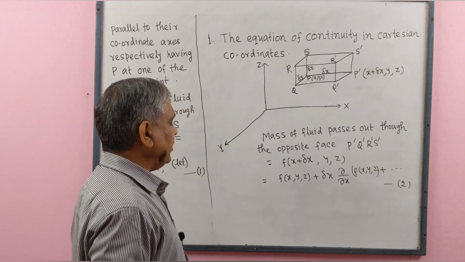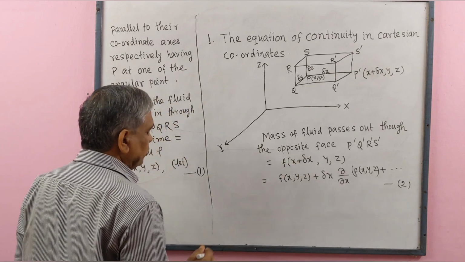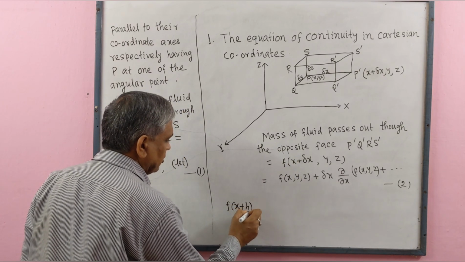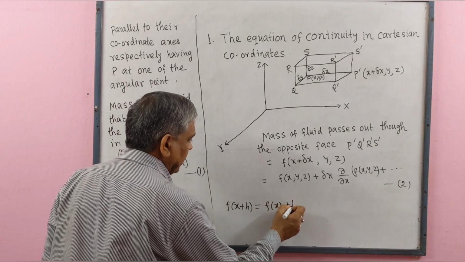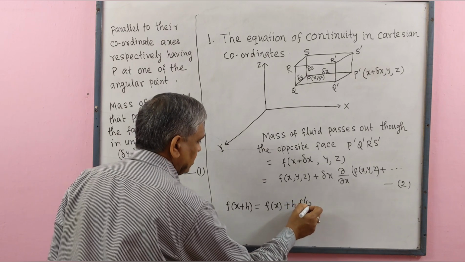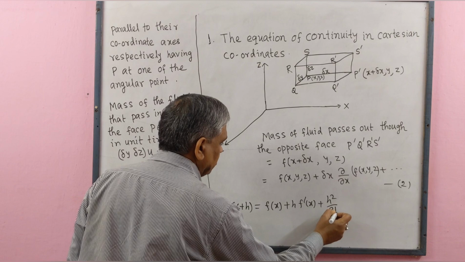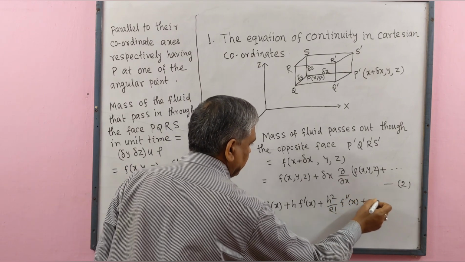If we apply Taylor's theorem, we know that f of x plus h equals f of x plus h f dash of x plus h square by factorial 2 f double dash of x plus dot dot dot.